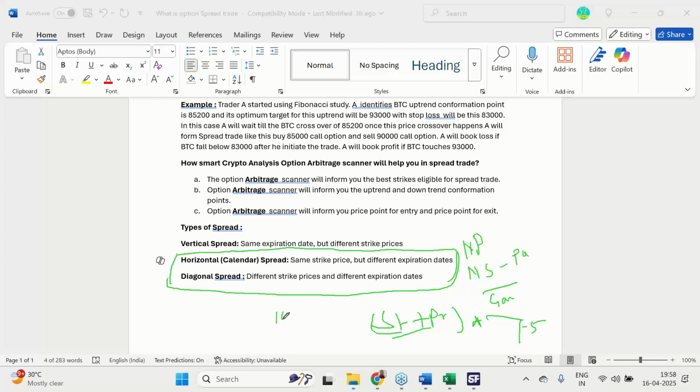If you have bought a 100 rupees, 125,000 call option, your turnover, considering 100 as a lot size, according to SEBI, is 25 lakhs 1000 rupees. This is your turnover.